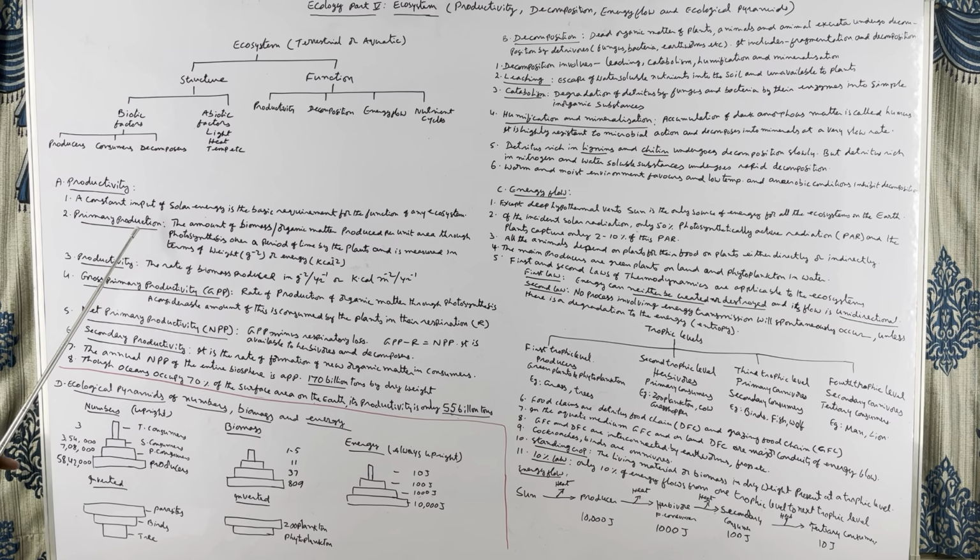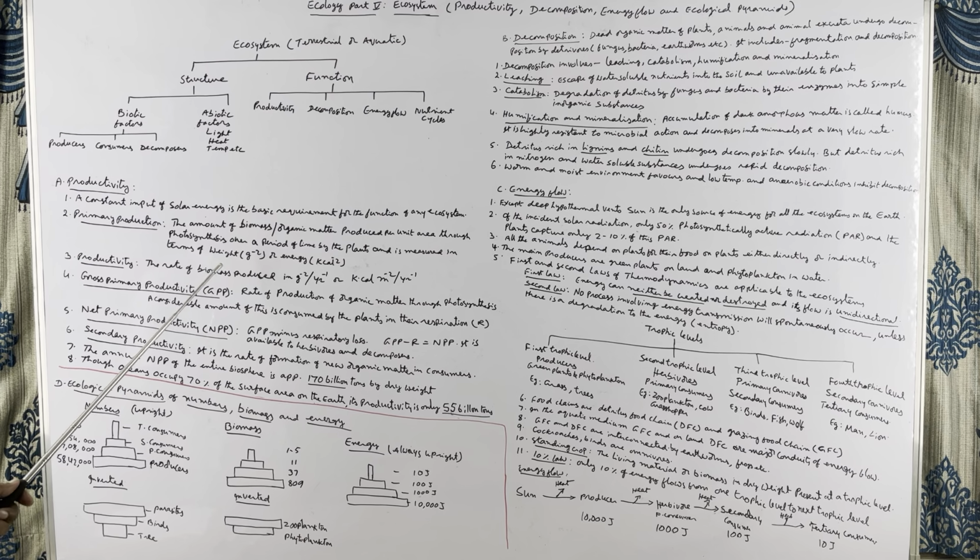Then you have to learn some terms associated with productivity. Primary production is the amount of biomass or organic matter produced per unit area through photosynthesis over a period of time by plants. So, primary production is the amount of biomass or organic matter produced by the green plants through photosynthesis in a particular area.